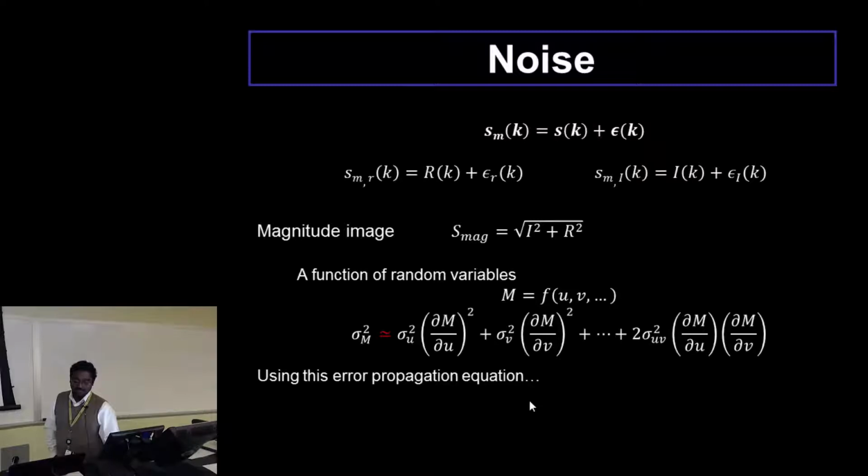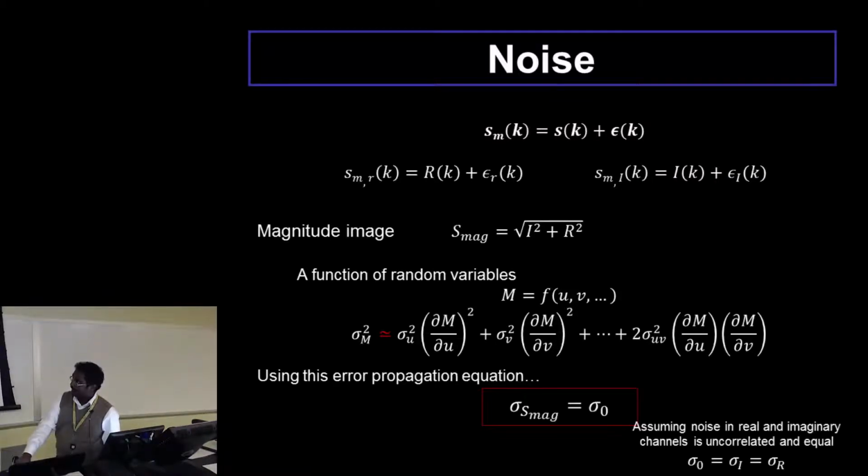Because S magnitude is related to your imaginary and real parts in this manner, you can use the error propagation equation to estimate what the noise in these individual variables leads to in the reconstructed magnitude. If m is a function of these variables, then you can evaluate the variance in m using this expression. You can get this approximate relationship using the Taylor series expansion.